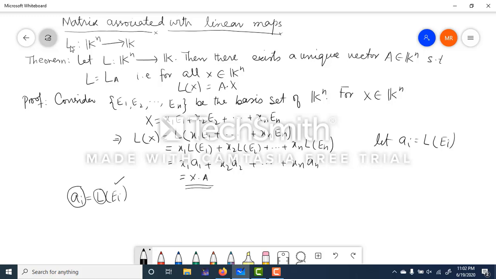Now we can generalize this to general vector spaces, that is, a mapping from one vector space to another vector space. So we consider this result now.